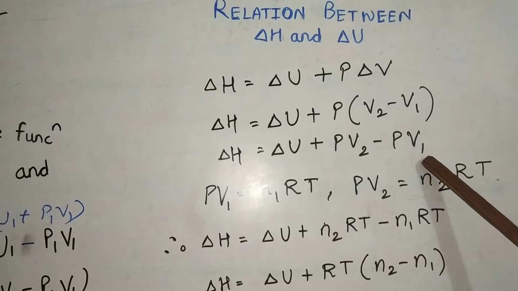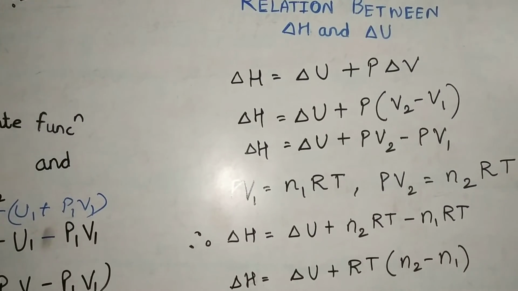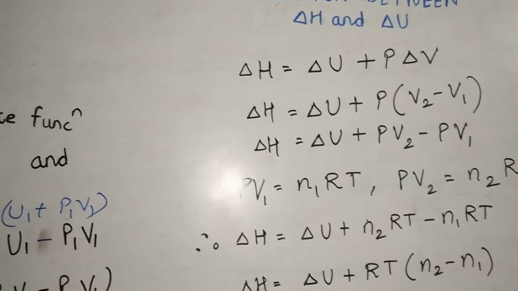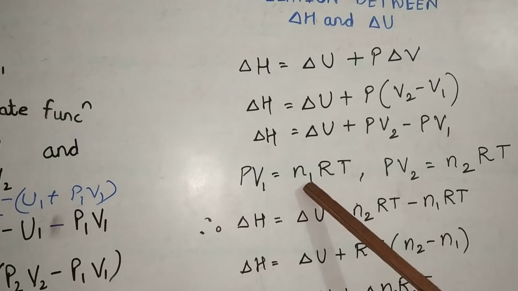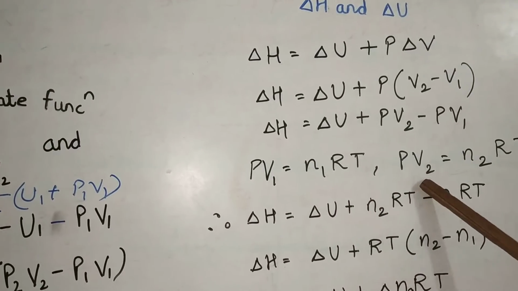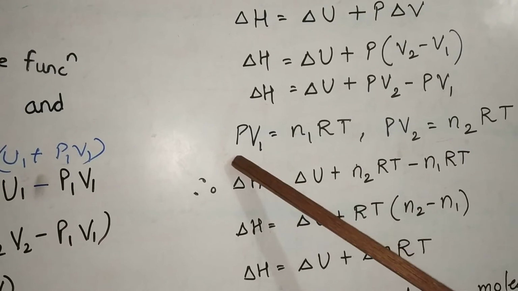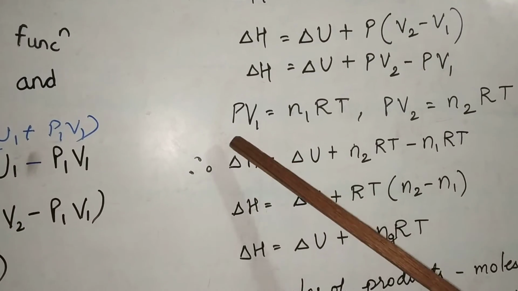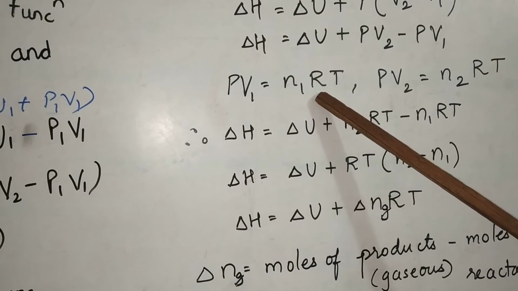Now delta H is equal to delta U plus, opening up the brackets, P into V2 minus P into V1. Now according to the general gas equation, as we know, at constant pressure you will get the expression as PV1 is equal to N1 RT and PV2 is equal to N2 RT. What is constant? Pressure is kept constant. We will take it as PV1 and it is PV2. R is the molar gas constant.